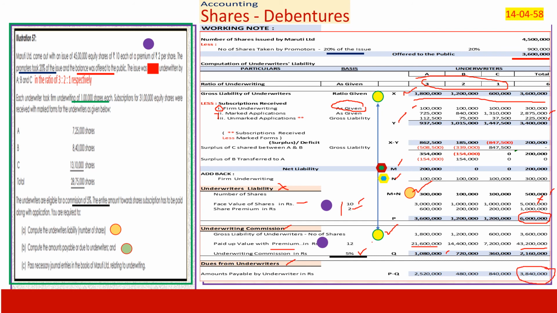And what is due to the company net is P minus Q. P is what is due from them. Q is the brokerage or commission which is due to them. Net is what they are supposed to pay to the company. P minus Q. Amount payable by underwriters is 38 lakhs 40,000. With that, the problem is solved in its entirety.